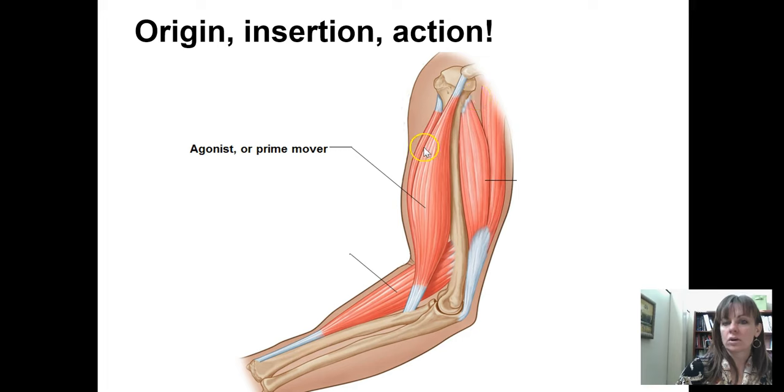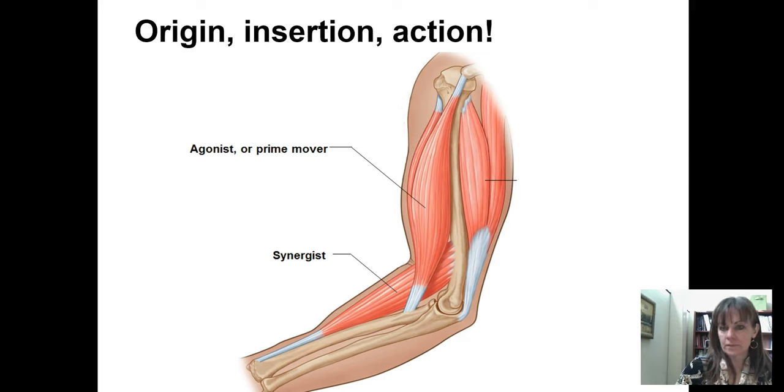Here we're looking at elbow flexion, and the muscle that is most responsible for flexing this joint is this muscle right here. But it can have a little help. There are other muscles such as this one that, when it contracts, help that flexion happen. On its own, it's not going to be able to flex it very well, but it can help. A muscle that helps the agonist is called the synergist.